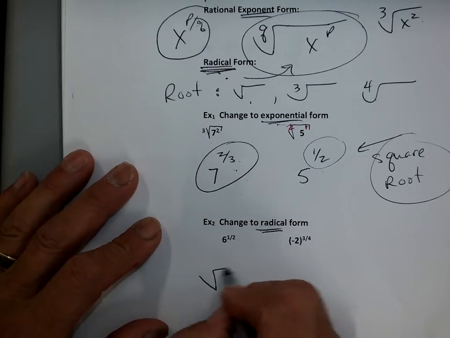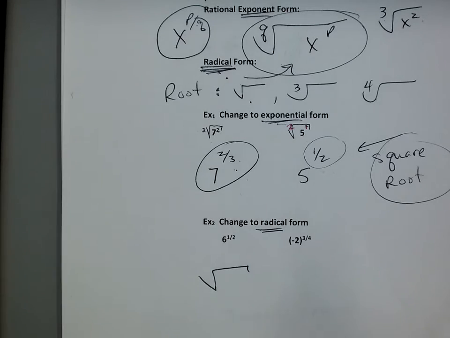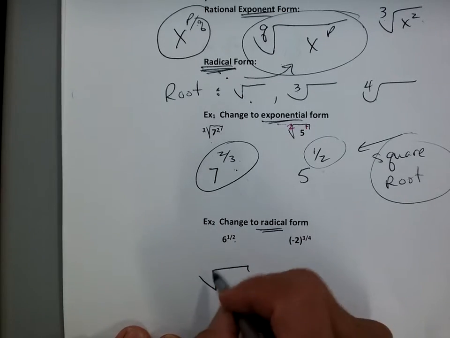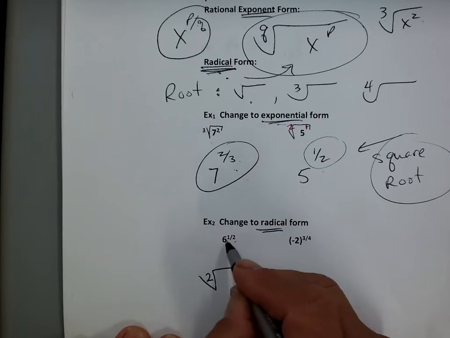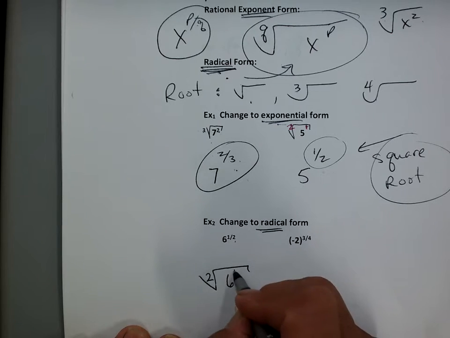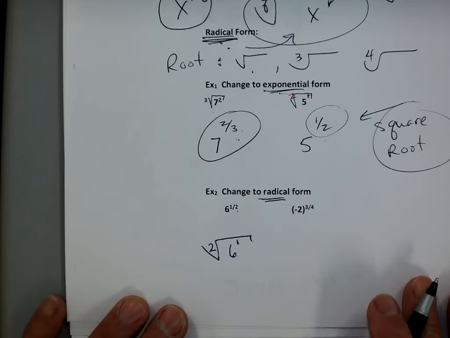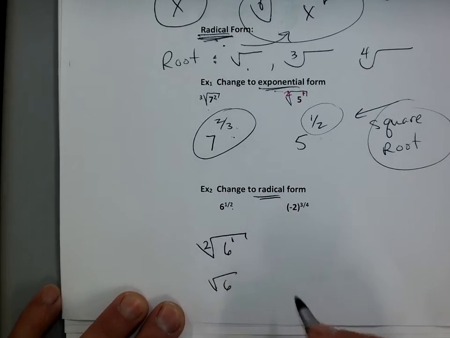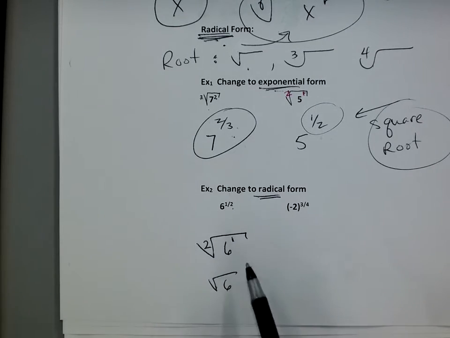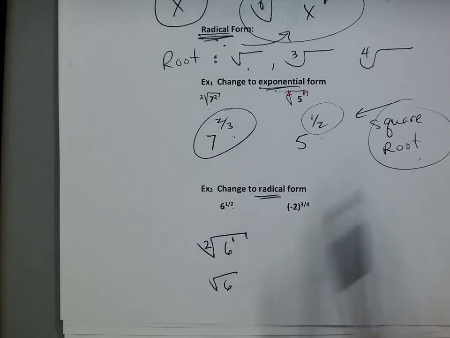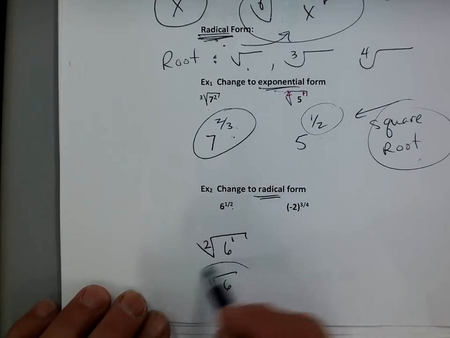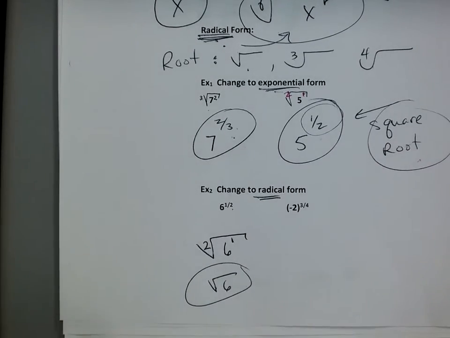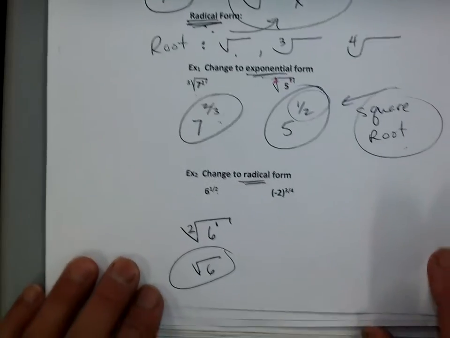So my 2 goes here, and I get a 6 to the 1 power. Or just the square root of 6, right? Because of my invisible numbers. Plus I told you that anytime you see the 1/2 power, it means just square root, okay?